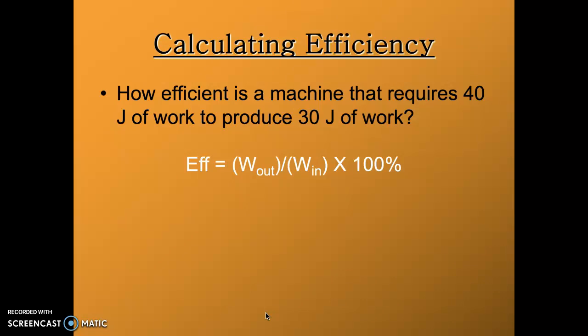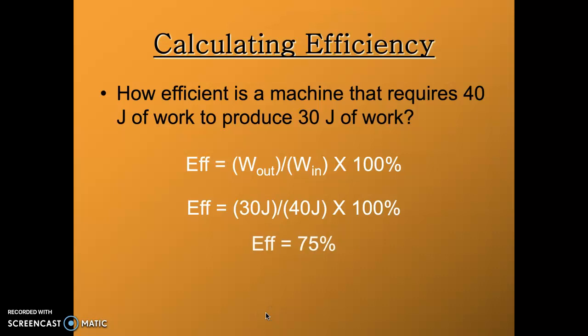Okay, so we take the work out, in this case 30 joules, and we're going to divide that by the work in, and then once we have that calculation, we simply multiply that answer by 100, and that gives us a percentage. So 30 divided by 40 gives us 0.75, it's 3/4, and we multiply that and we get 75%. This particular machine is 75% efficient.